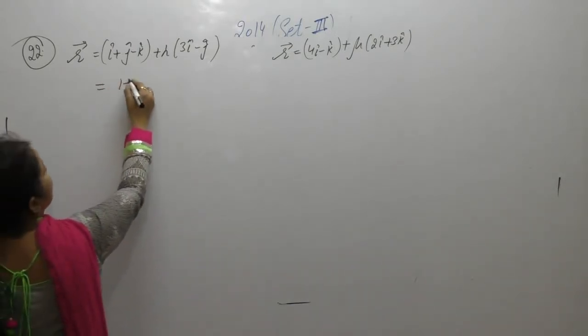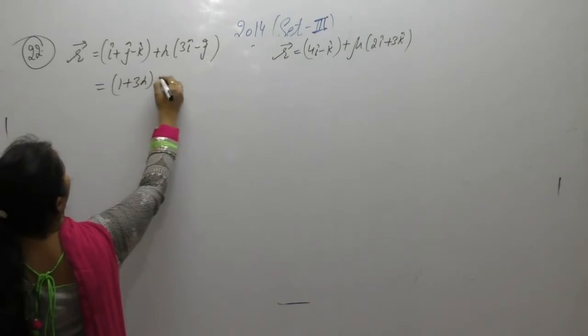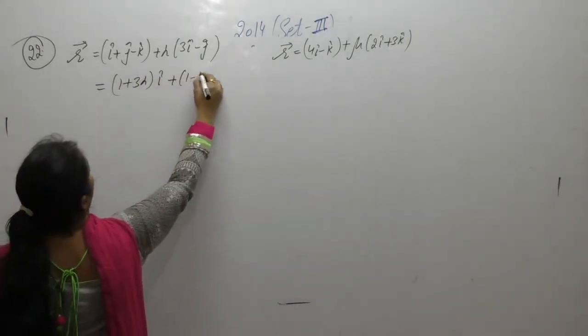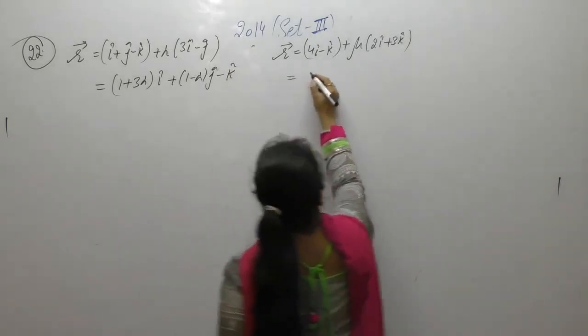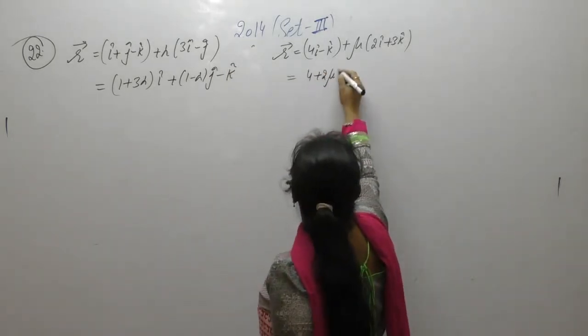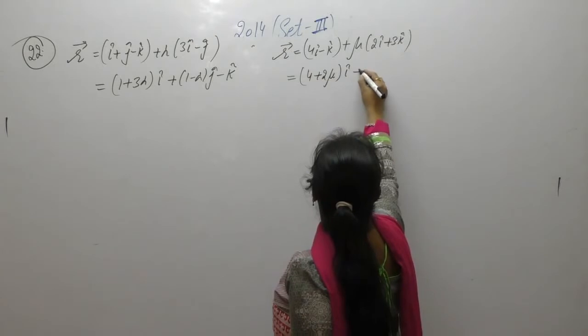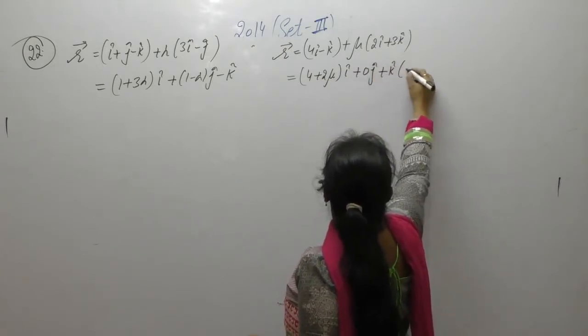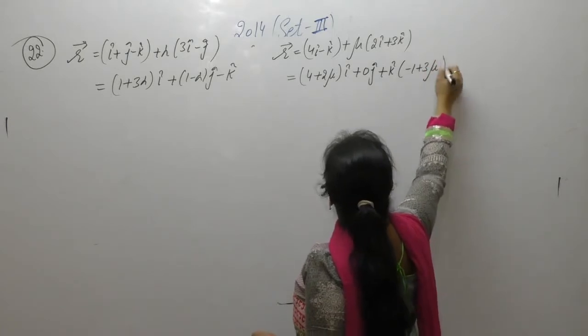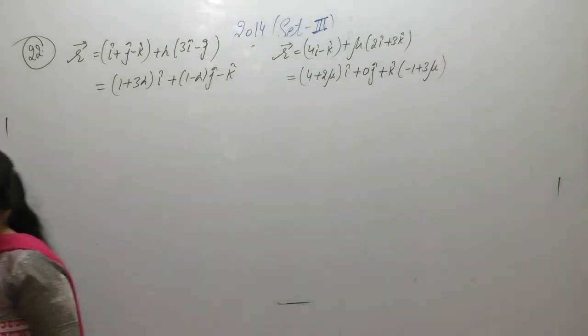We can write it as (1 plus 3 lambda) i cap plus (1 minus lambda) j cap minus k cap, and (4 plus 2 mu) i cap plus 0 j cap plus (minus 1 plus 3 mu) k cap.